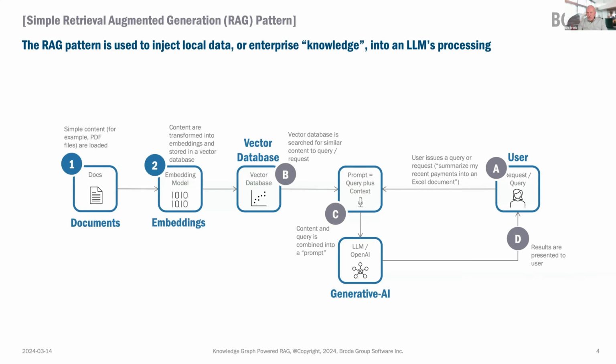As I mentioned, the RAG pattern, or retrieval augmented generation, has been around since shortly after ChatGPT came in, so a little over a year now, give or take. If you go to any of the tutorials on the internet, this is typically where they tell you to start.